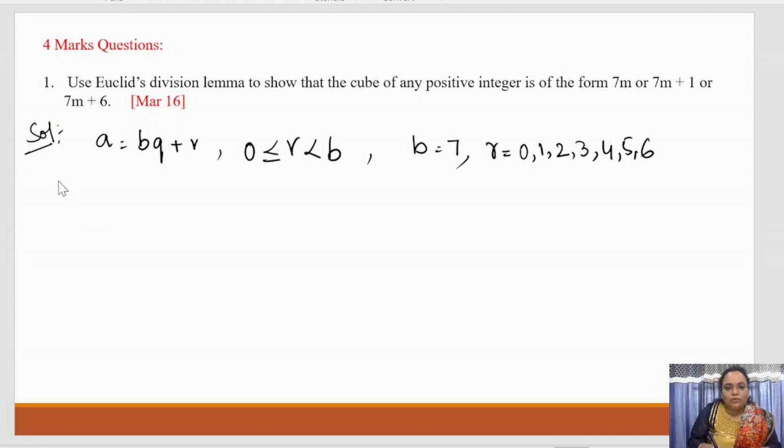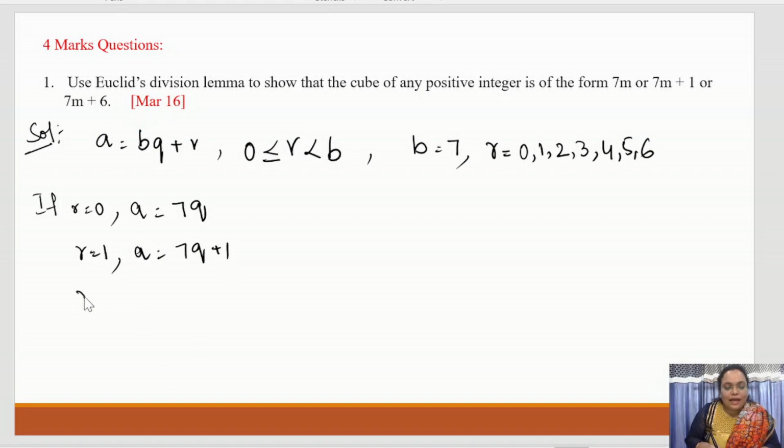Now let us take case by case. If r is equal to 0, we know a is equal to 7q. If r is equal to 1, a will be 7q plus 1. If r is equal to 2, a will be 7q plus 2. When r is equal to 3, a will be 7q plus 3.